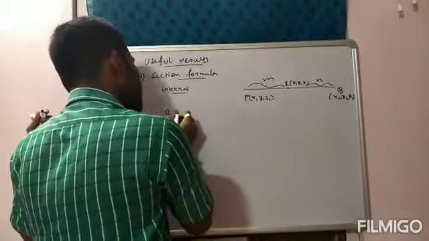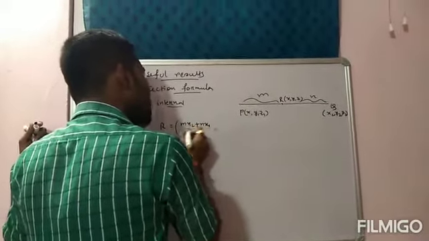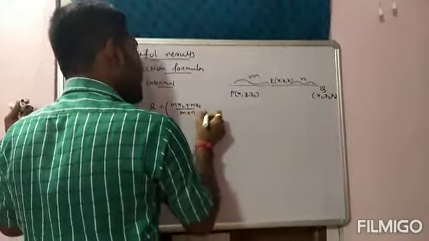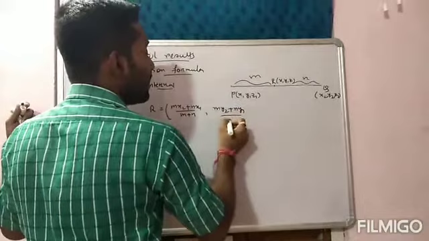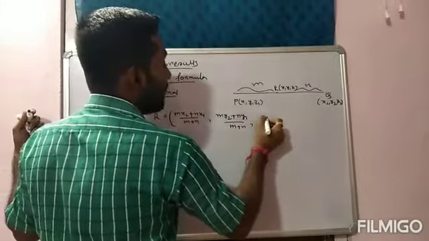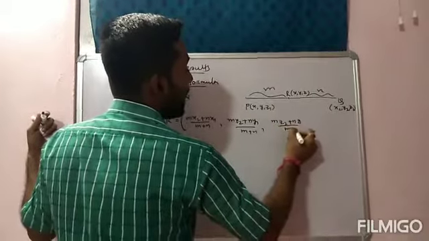Therefore, R is equal to mx2 plus nx1 by m plus n, my2 plus ny1 by m plus n, mz2 plus nz1 by m plus n.